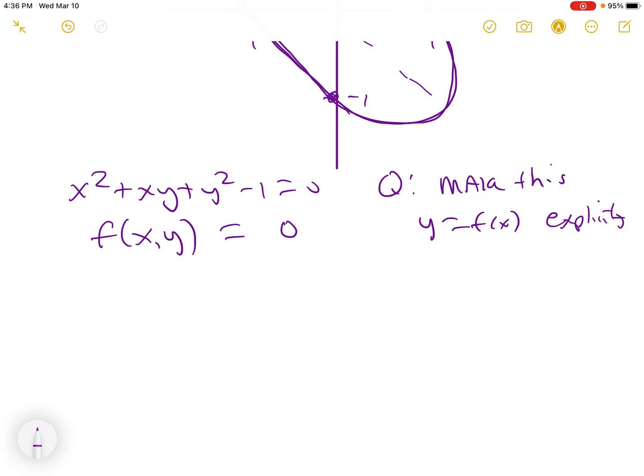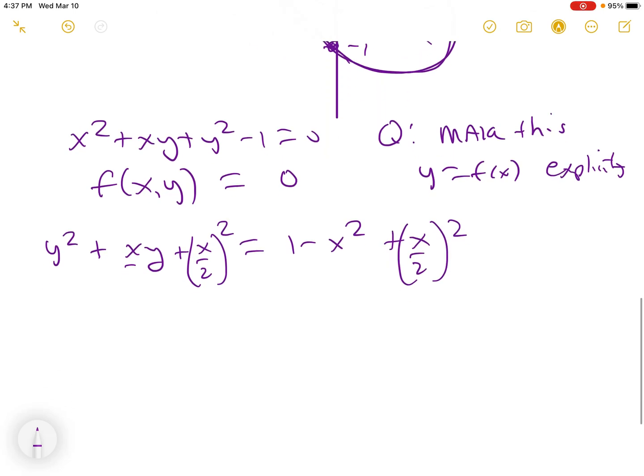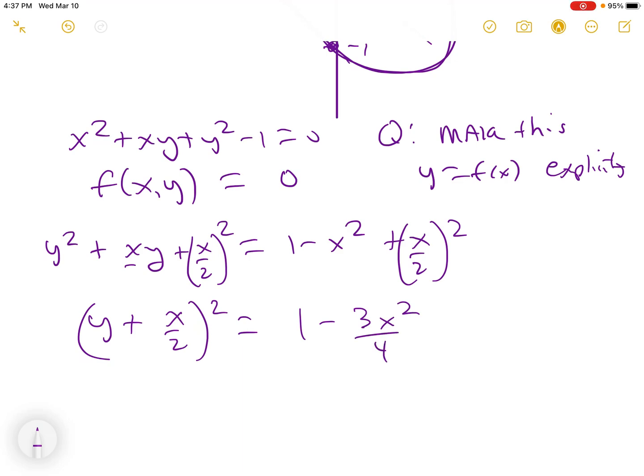So here we go. I'm going to rewrite this as y squared plus xy equals 1 minus x squared. And if you remember completing the square, what you do here is you take half of this x and you square it. So this is x over 2 quantity squared, and you add it to both sides. And then by the magic of completing the square, you get this, which is 1 minus 3x squared over 4.